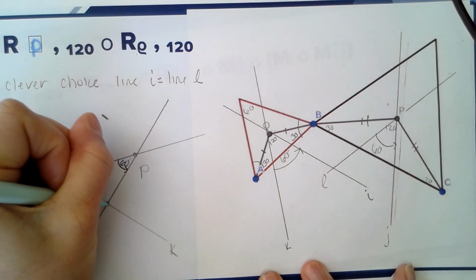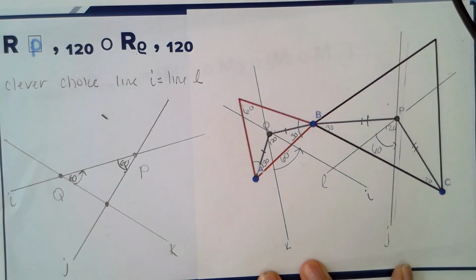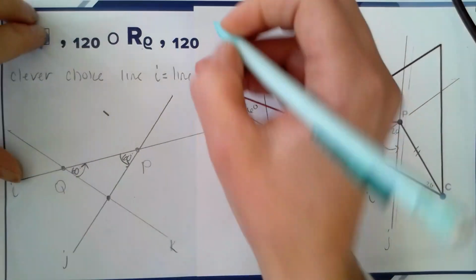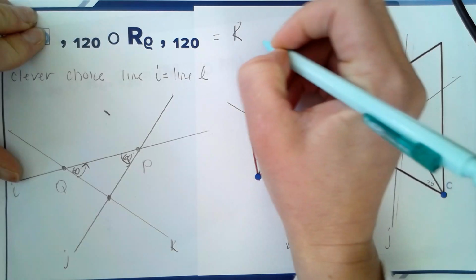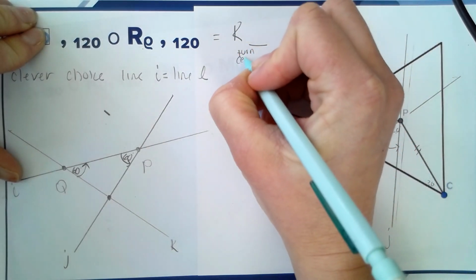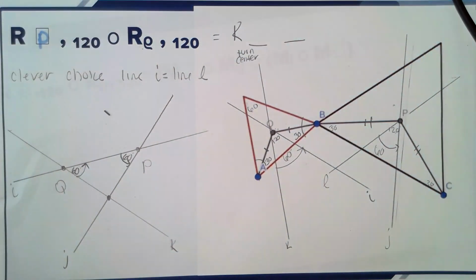Then if we're trying to write it as a single rotation, the turn center is where those two lines, J and K, intersect.